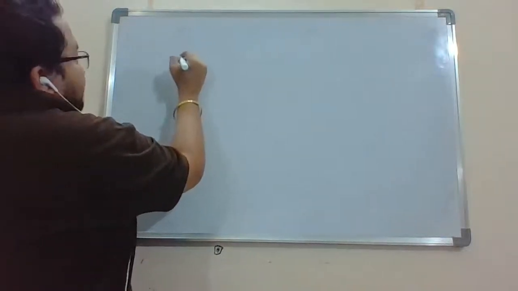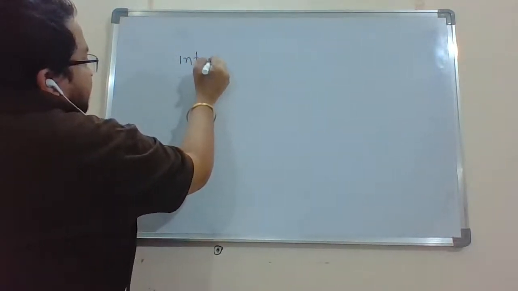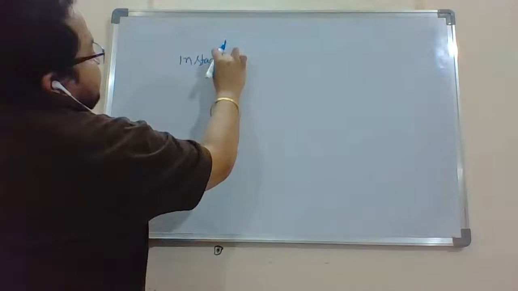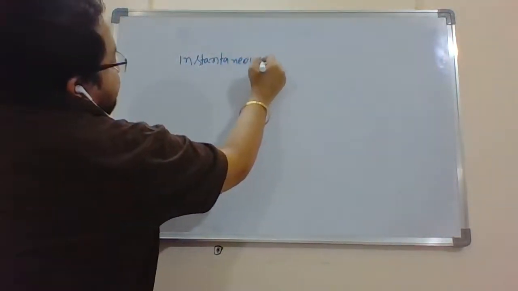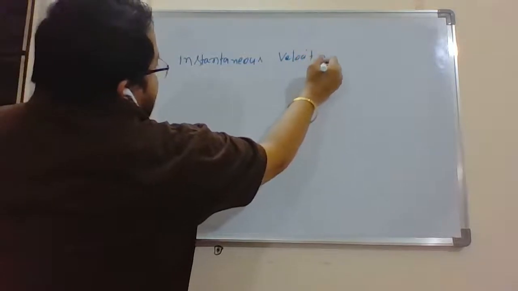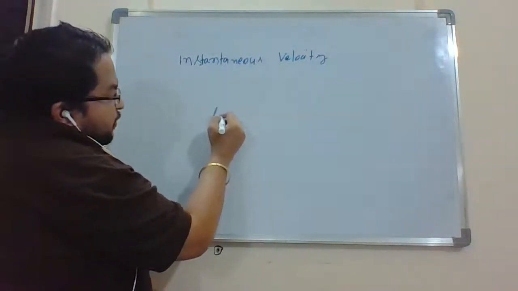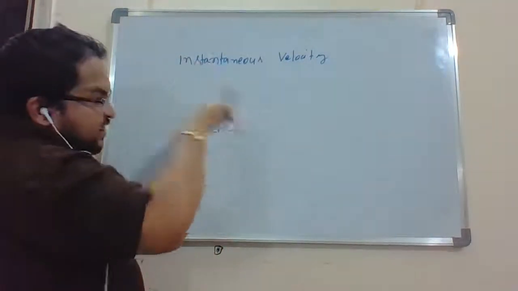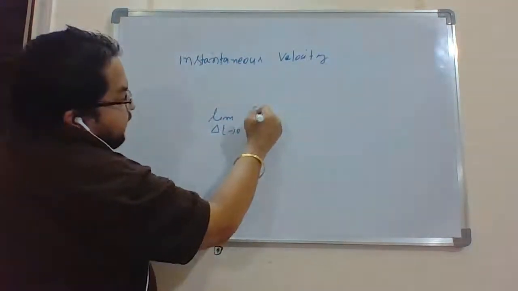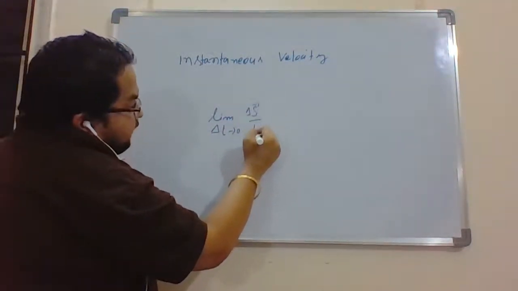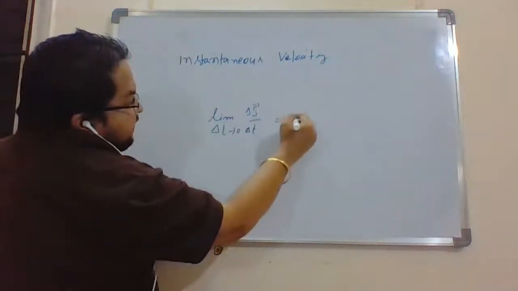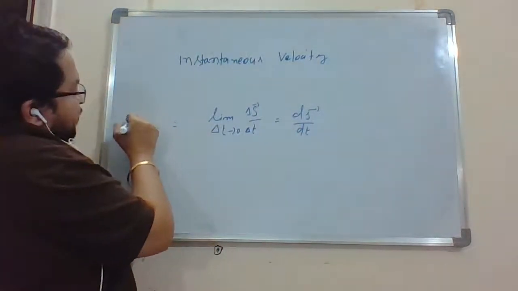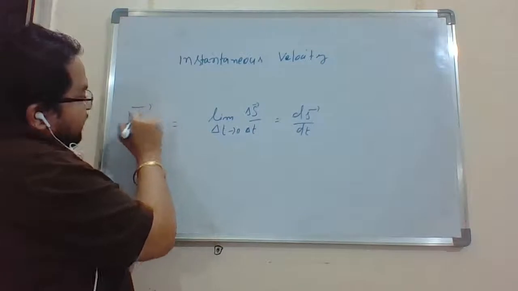So let us now introduce instantaneous velocity. Again, it will be similar: when your limit delta t tends to 0, which means at any given instant, whatever was the velocity, your delta s by delta t, which is nothing but ds by dt, that is called your instantaneous velocity.